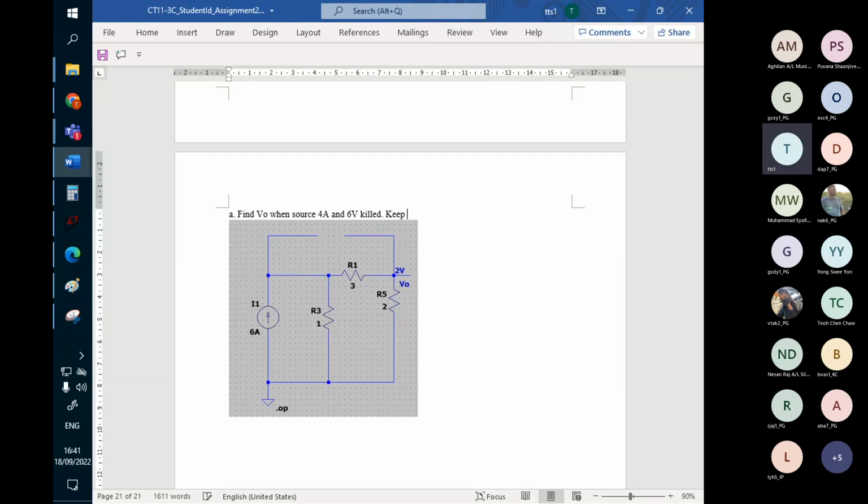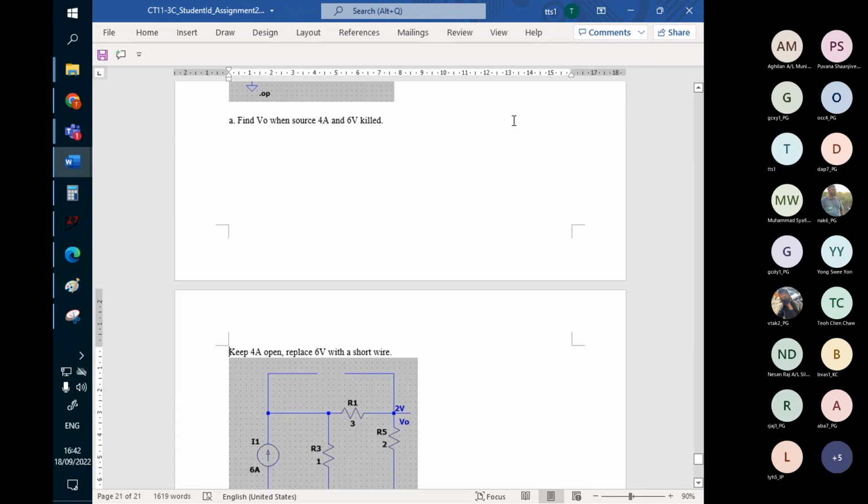Keep 4 ampere open. Replace the 6 volt with a short wire. Okay, this is the clue actually. Where's my previous sentence?